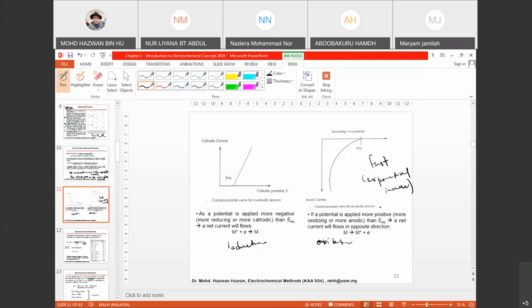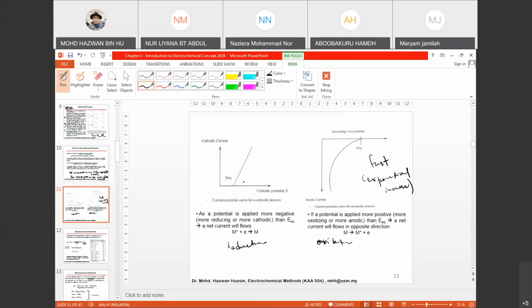Exponential increase means that the process is very fast. It's not building up slowly like a gradient. It's very fast, suddenly like a rocket, zoom, going up. So this indicates a fast electrode process.